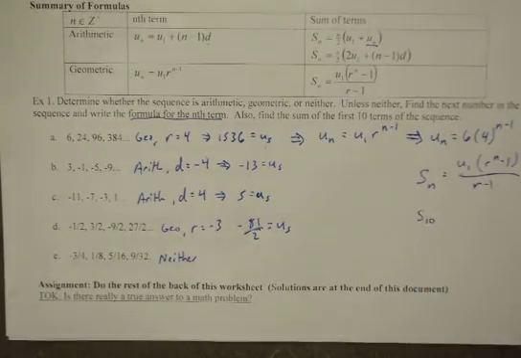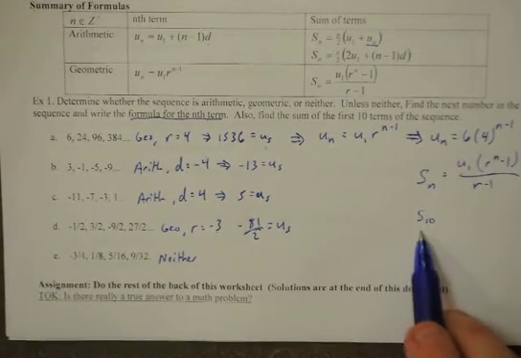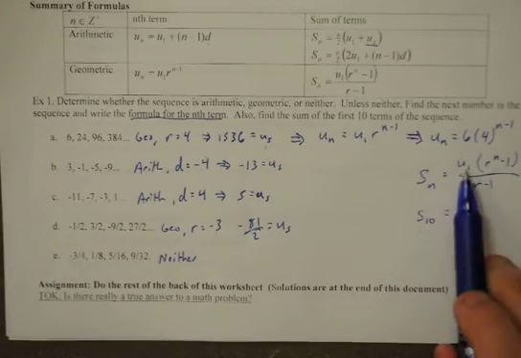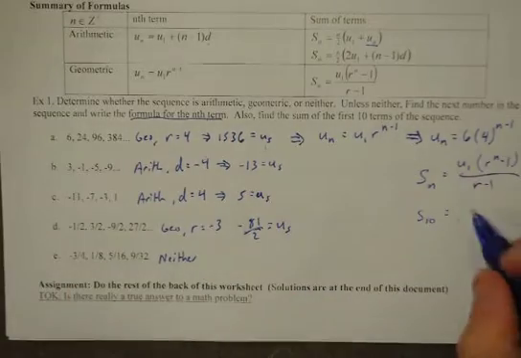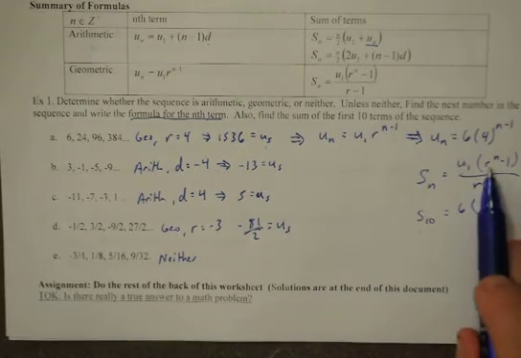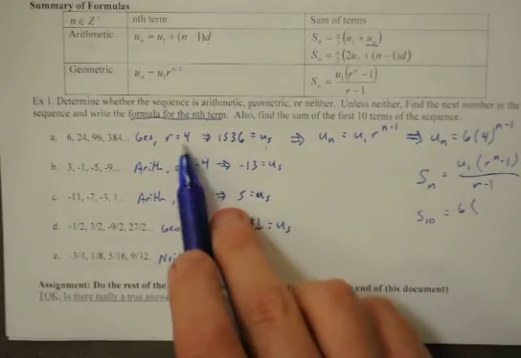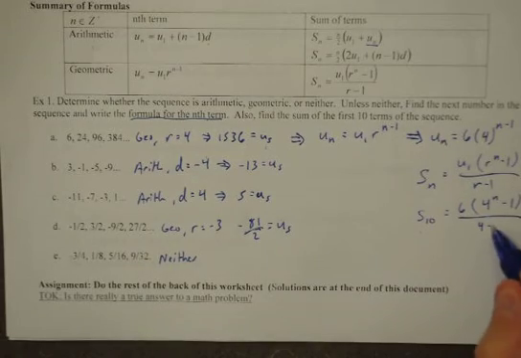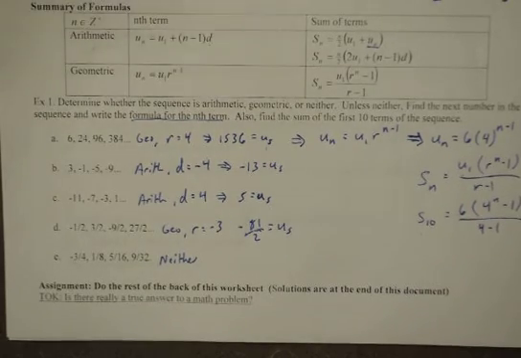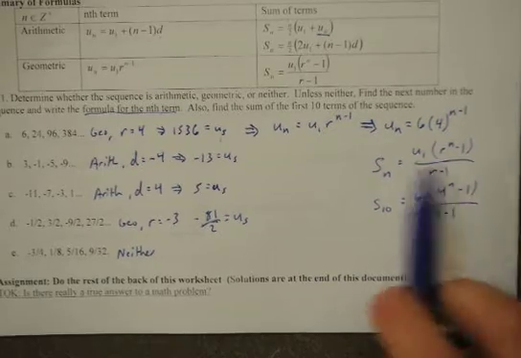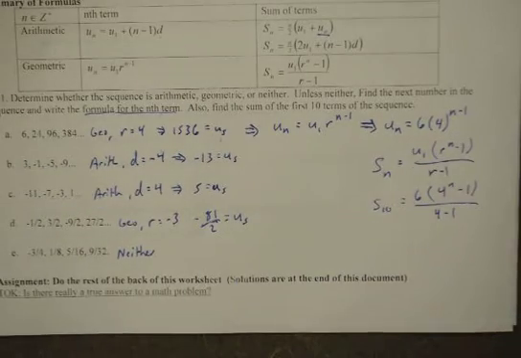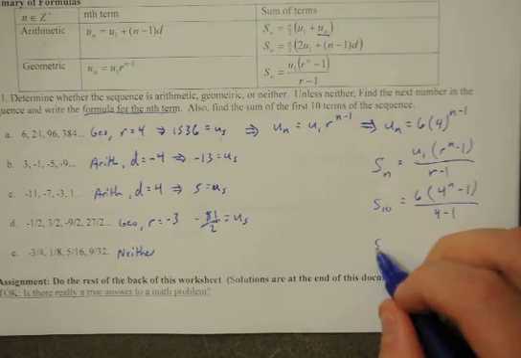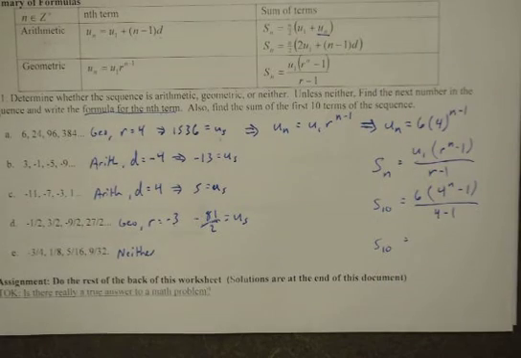So n is equal to 10, sum of 10 terms, the first term was 6, r was 4, keep n, and then all over r minus 1. So there it is. And there's quite a bit of math that goes into why these equations work. For now, you just have to trust me.